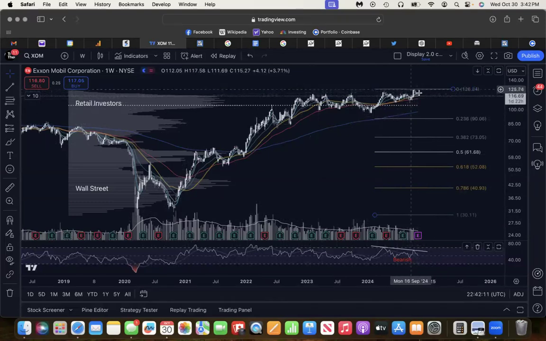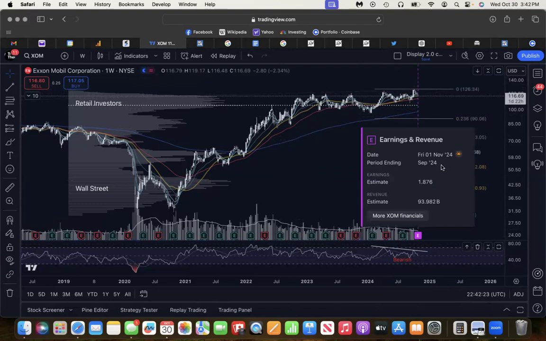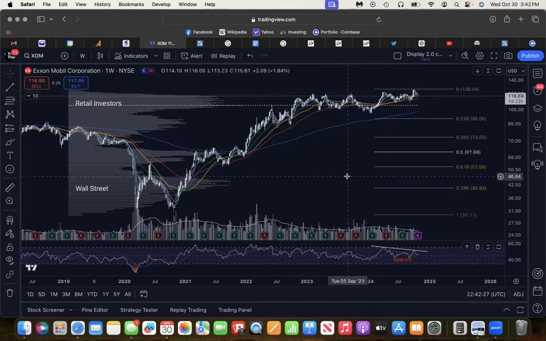This is a last point of supply. This is the last of their long position that they are dumping. We do expect to see supply kick in here. Exxon's earnings are before market opens on Friday. We do have the presidential election and the FOMC meeting directly after that.